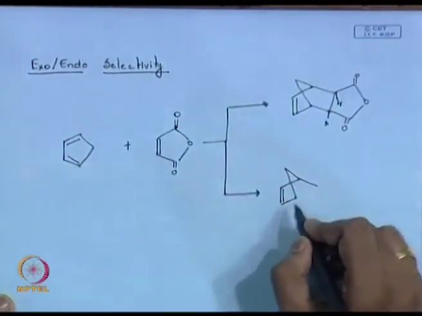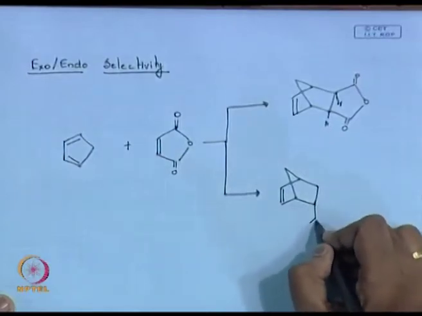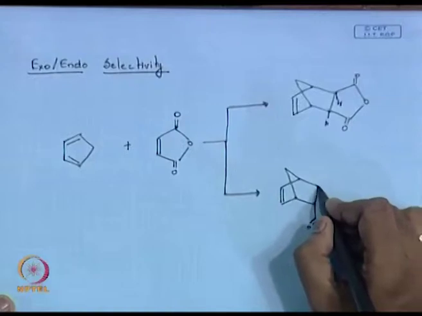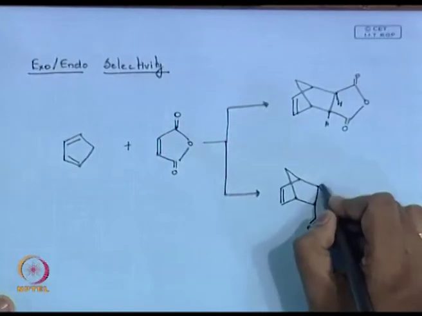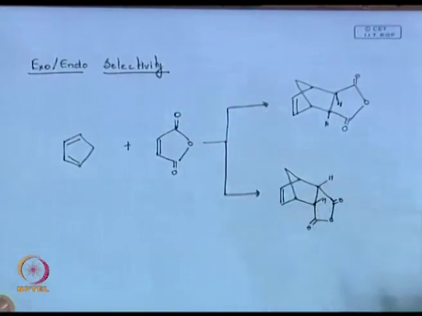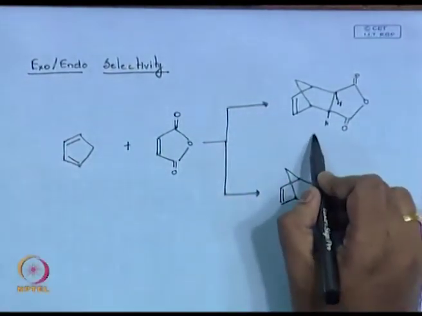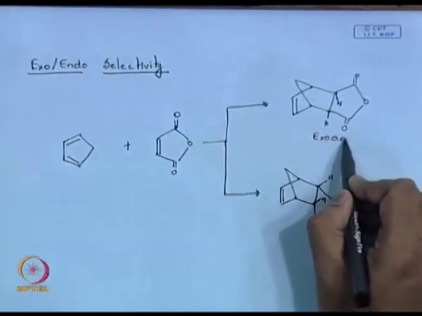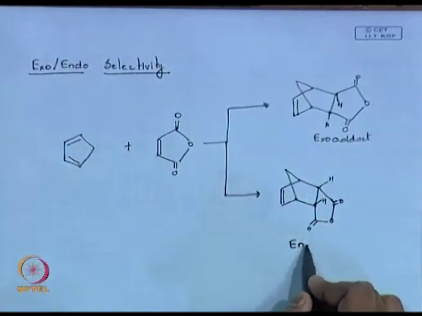In another case, I can think about inside mostly. So, I can write basically two products. Okay, one, this which is away from the ring, which we call as exo adduct, which is inside, we call that as an endo adduct.